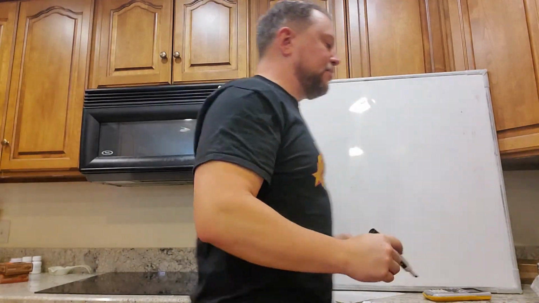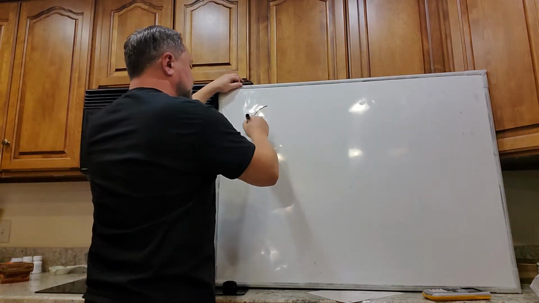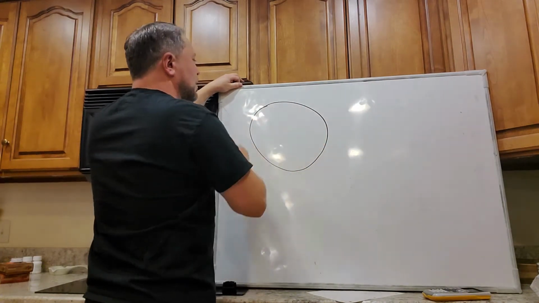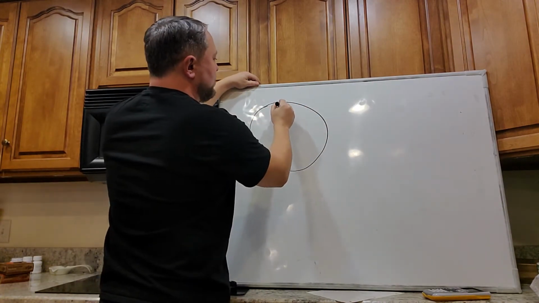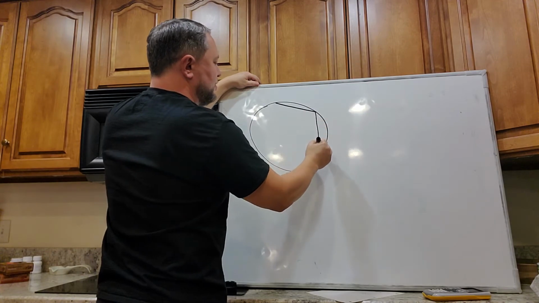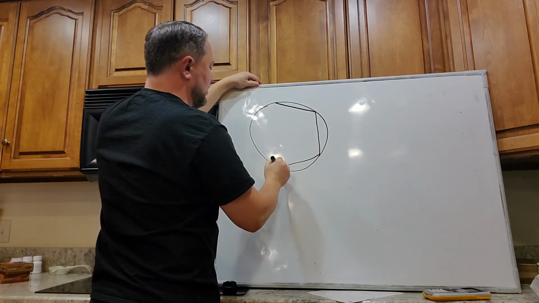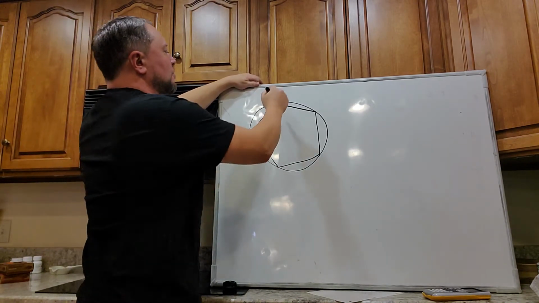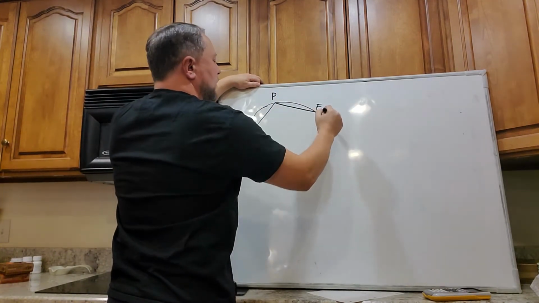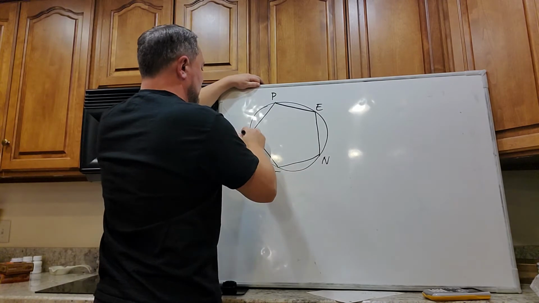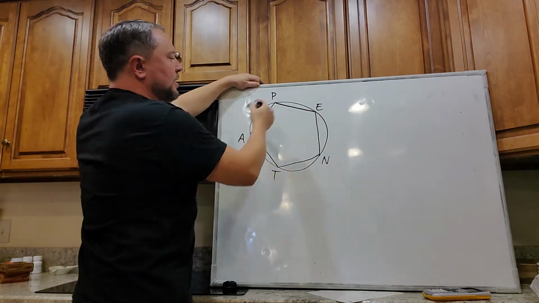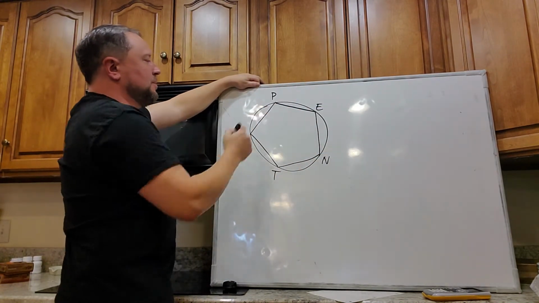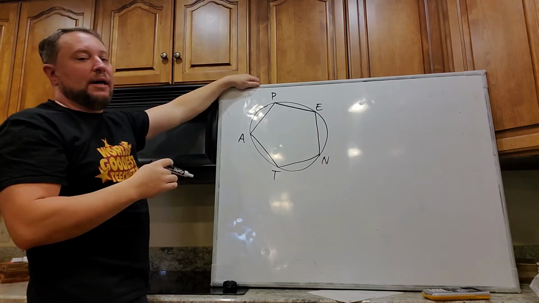Okay, on this next one, let's say that we've got a picture like this. 1, 2, 3, 4, 5. We're going to call it Penta, P-E-N-T-A. Penta, because after all, it's a pentagon.